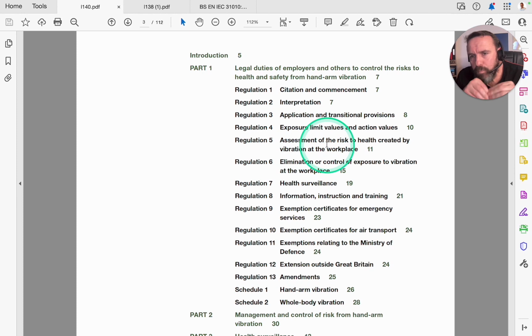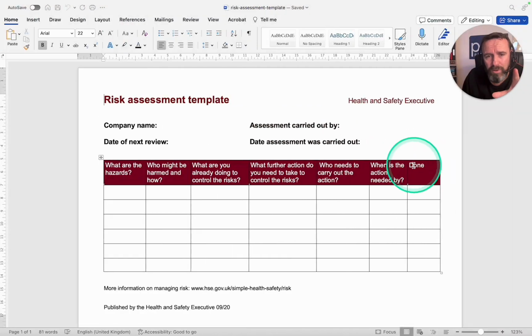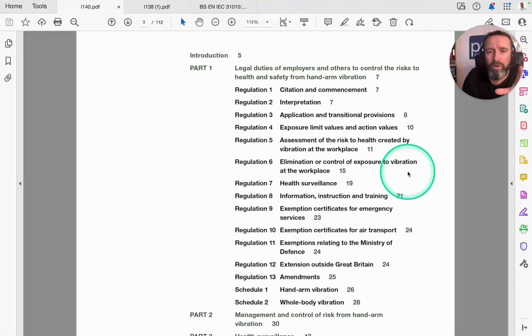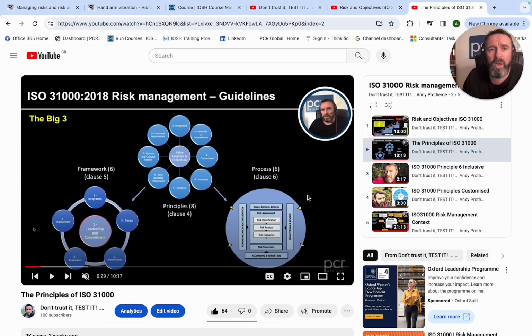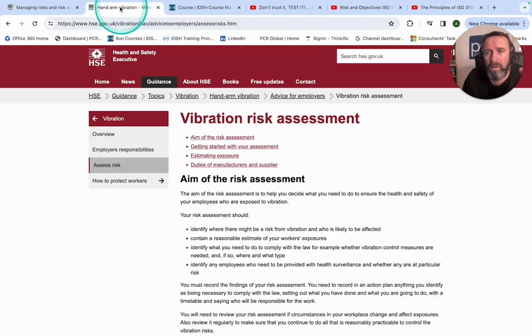So you really must realise that we've got exposure limit values if we're doing vibration. Noise is going to be the same. So just doing a basic risk assessment on a template like this or on a template like we've just looked at is probably not going to cut it. We need to do a lot of certain other things.